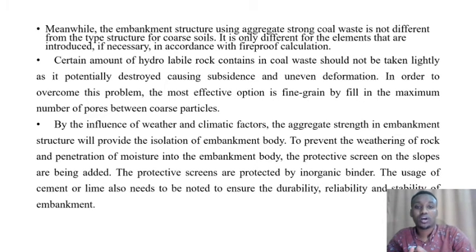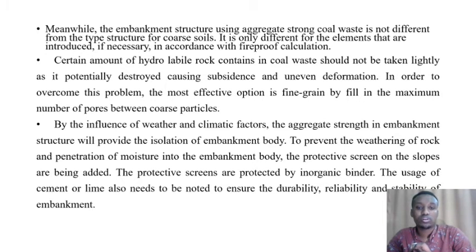A certain amount of hydrolabile rock contained in coal waste should not be taken lightly, as it can potentially be destroyed, causing oxidants and uneven deformation. In order to overcome this problem, the most effective option is fine grain, to fill in the maximum number of pores between coarse particles.